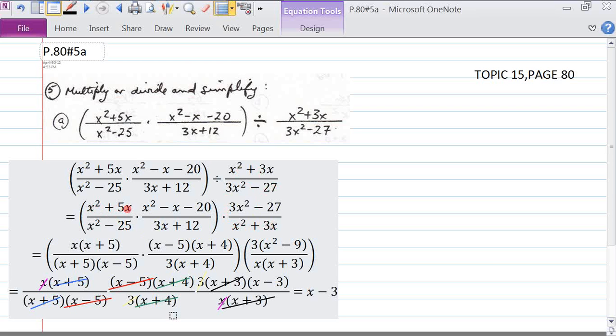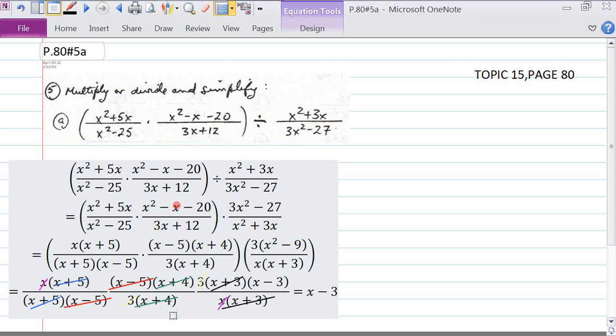Now I'm going to factor this, so I get x and x plus 5. This trinomial factors to x minus 5 times x plus 4. You can see the middle term is minus 5x, the inner one is minus 5x, the outer one is plus 4x.